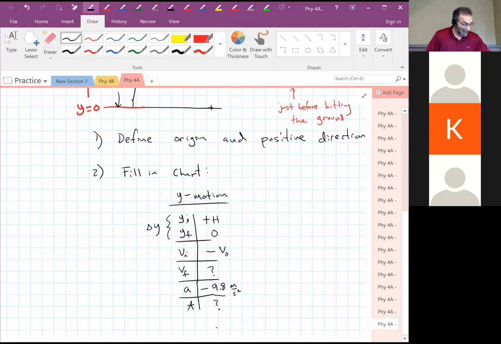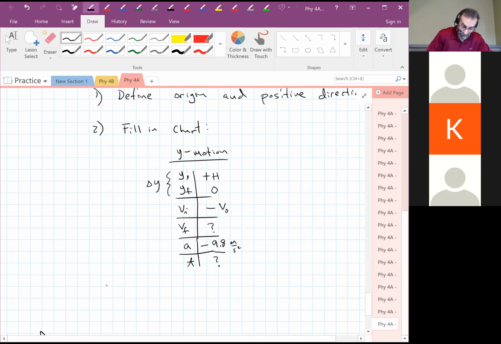So we pick an equation. If I'm trying to solve for time, I would pick an equation that's missing v final. And this equation is missing v final.